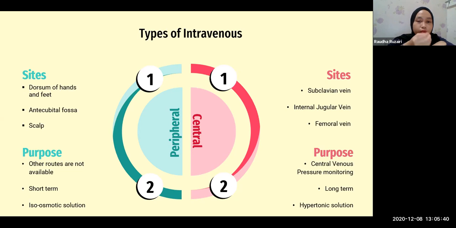Water from the cells will be drawn out, or water from the vessels will move into the cells, causing rupture or shrinkage. Hypertonic solution can be administered centrally because blood flow there is faster than peripheral, so it will not cause any pressure gradient.